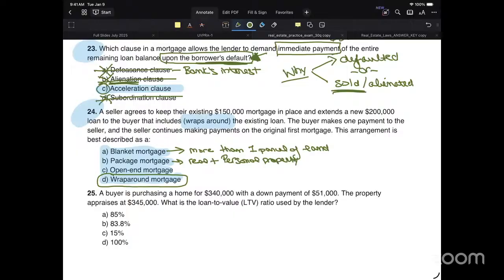C, an open-end mortgage is the opposite of what I'm going to call regular mortgages. What do I mean by that? Usually, if you are getting a new loan, right? You're like, hey, bank, I need to borrow $150,000 to buy this house.